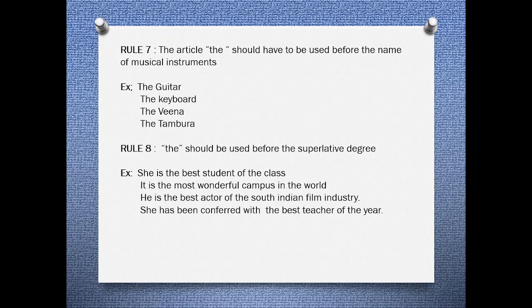It is the most wonderful campus in the world. He is the best actor of the South Indian film industry. She has been conferred the best teacher of the year. So whenever you are using the superlative degree, you will have to use the article the before it.